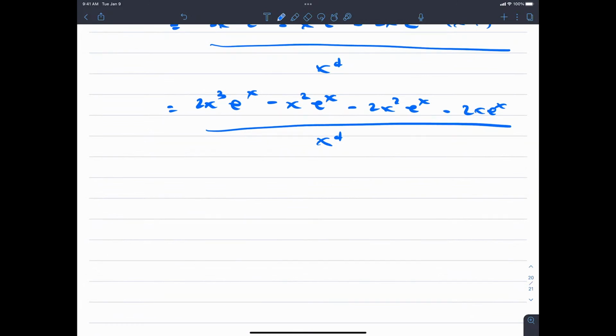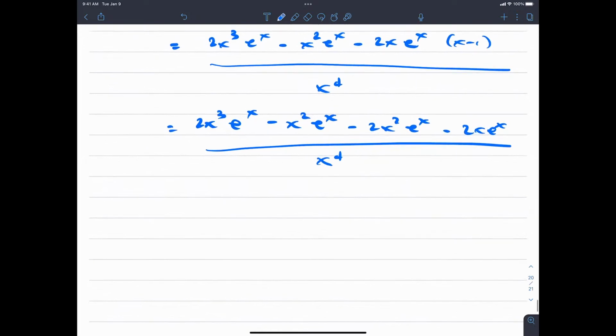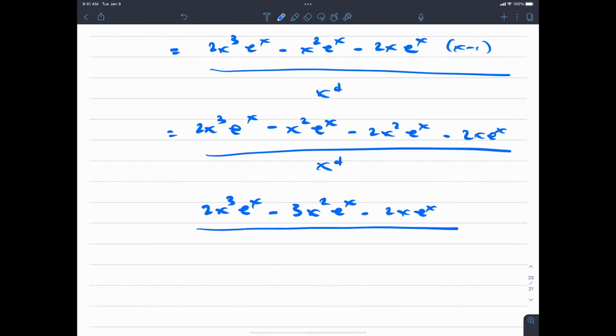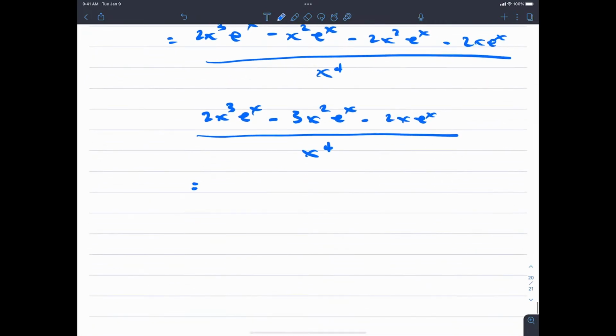So what do you guys notice here? Is there anything we can do with this? I'm going to say 2x cubed e to the x, and I'm going to combine my terms. Is that minus 3x squared e to the x? Double check. Then minus 2x e to the x, over x to the fourth. What could you factor out?